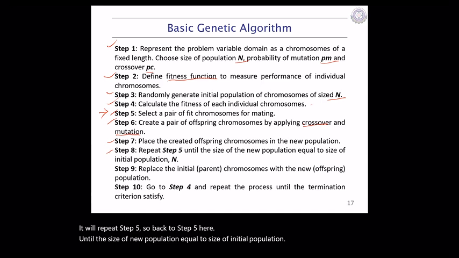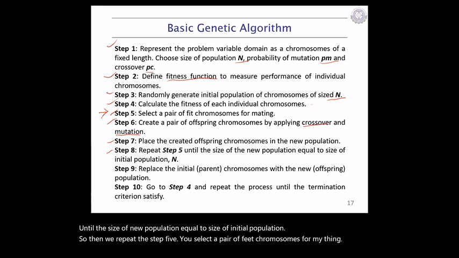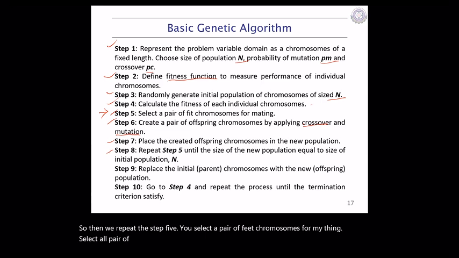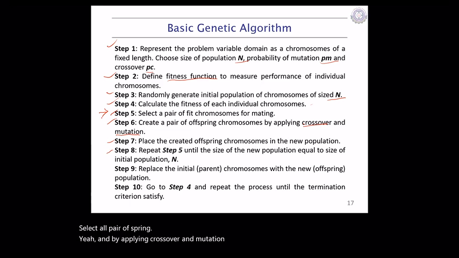So we repeat step 5: select a pair of fit chromosomes for mating, create a pair of offspring by applying crossover and mutation, and place the created offspring chromosomes in the population. And repeat step 5. And then step 9.